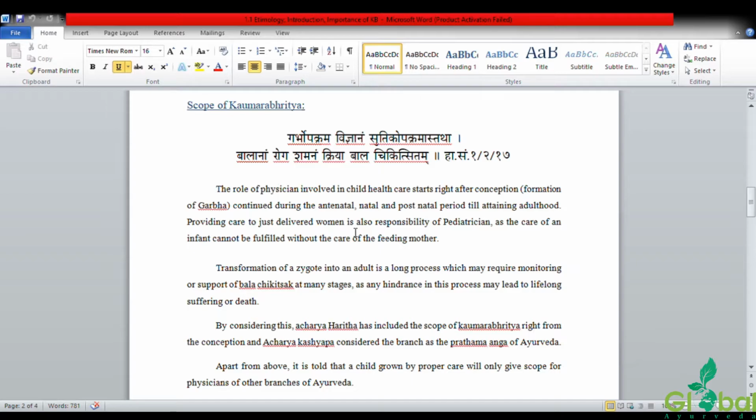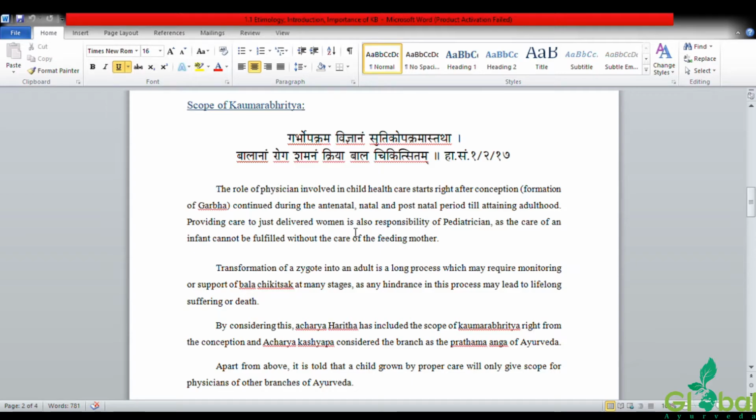Harita mentions that the study of Kaumarbhritya deals with the time from conception, and Acharya Kashyapa has given the utmost importance to the study of Kaumarbhritya because of these reasons. Apart from the above, it is told that a child grown by proper care will give scope for physicians of other branches of Ayurveda.